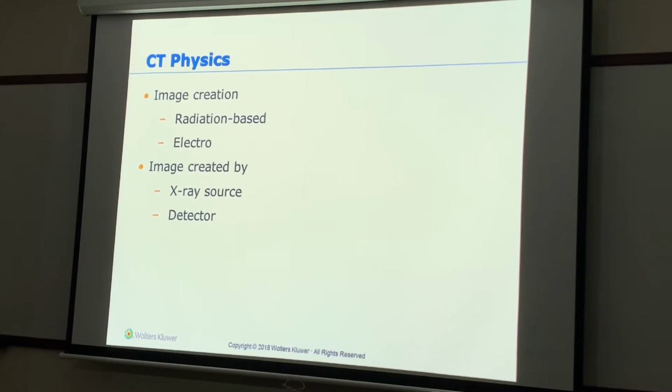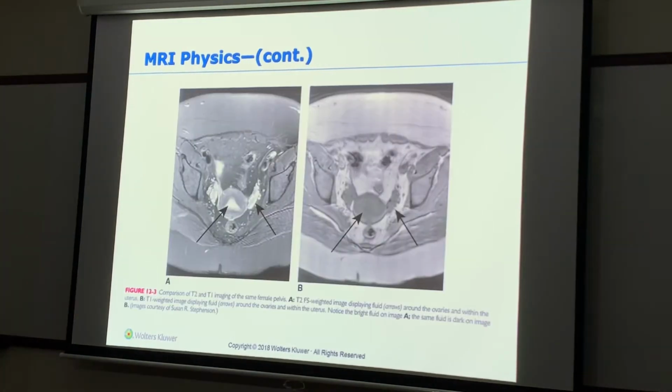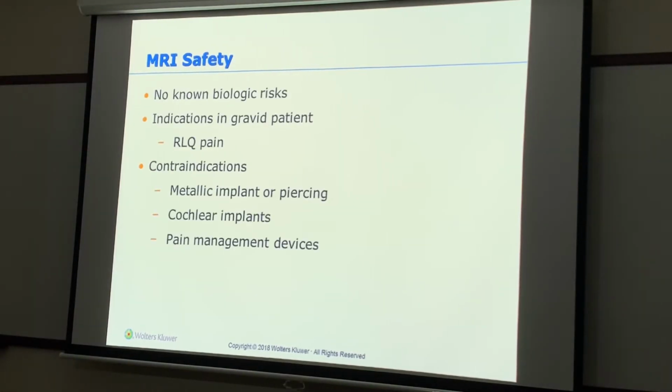For the right, the previous, yeah. Which one? The MRI. Yes, this one. For the right lower quadrant pain, that means if we have pain in this area, we better do the MRI? No, I'm going to do ultrasound first.